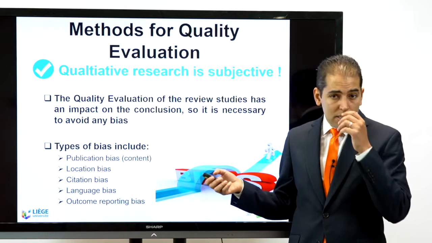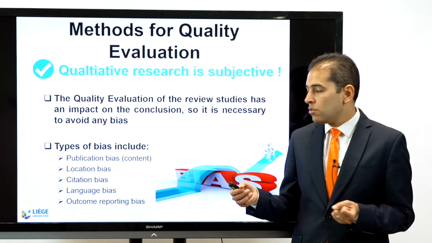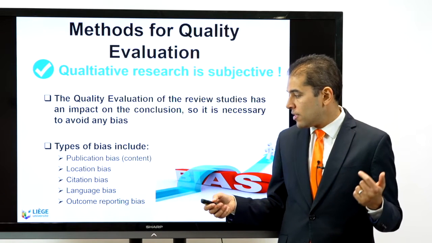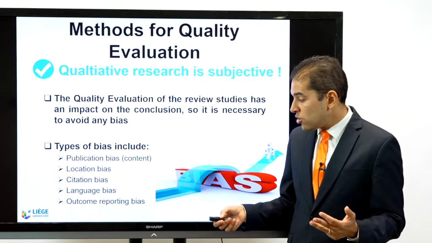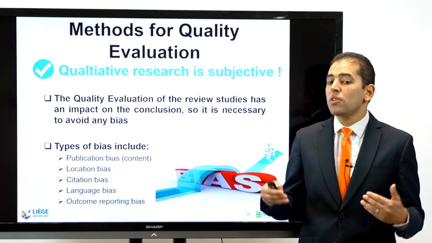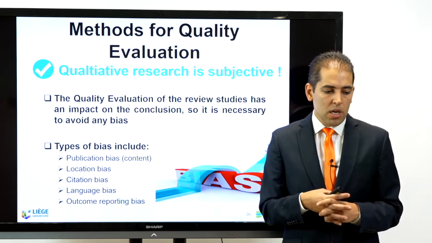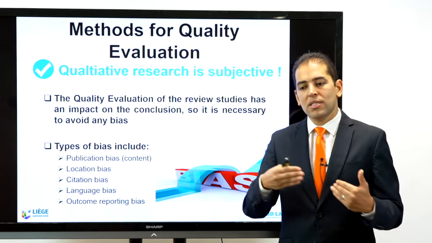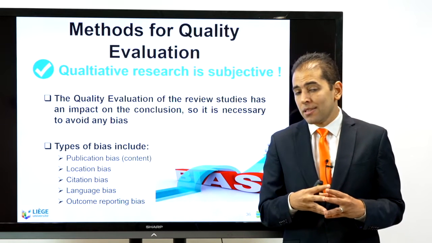And the types of bias that you could encounter while you're doing a systematic literature review could be the publication bias, the location bias, the citation bias, the language bias, or the outcome reporting bias. So these are all types of bias that can be influencing your total conclusion after reviewing those 10 to 20 selected articles.